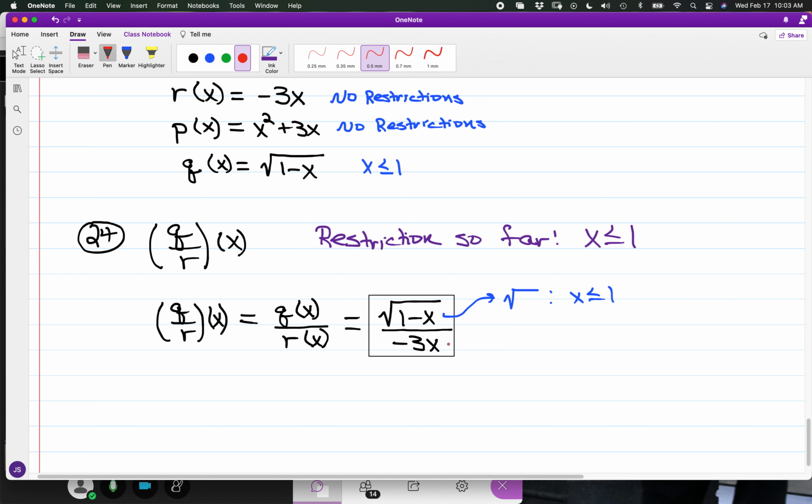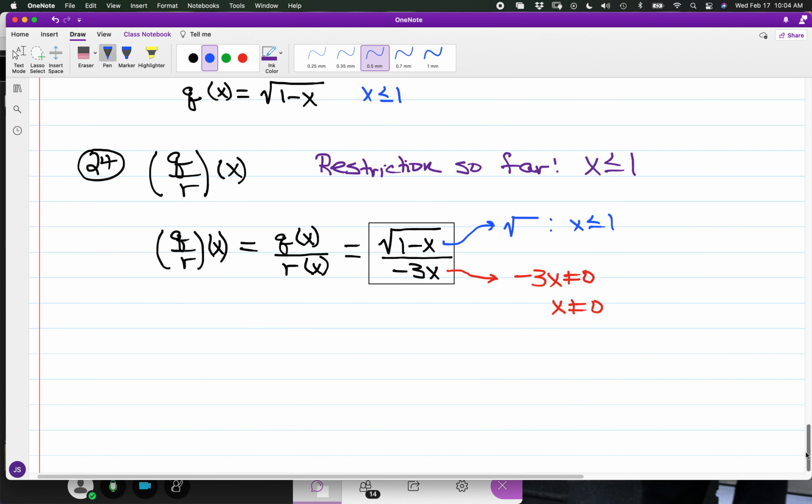However, we have R of X. Now, R of X has no restrictions, but since R of X is situated in the quotient function in the denominator position, it's going to follow that negative 3X cannot be 0. And from this, X cannot be equal to 0.